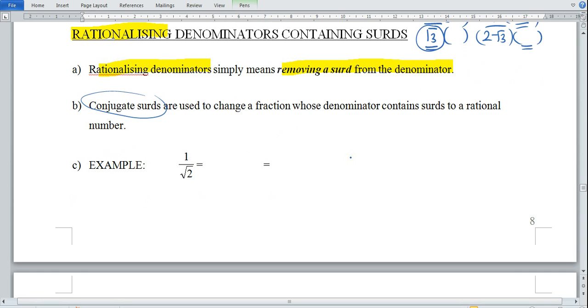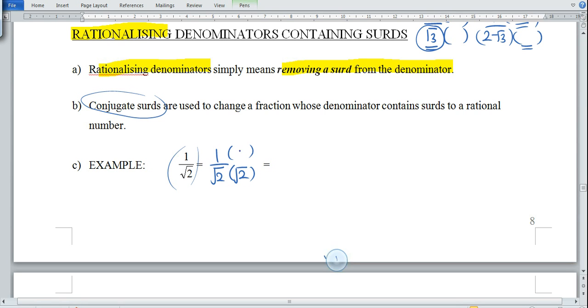Now let's look at an easy case first. Let's say I have 1 over square root 2. In order for me to not have surds at the denominator, I can multiply it with square root 2 again. So square root 2 times square root 2 will give me 2. But it is not fair to the question that I just multiply square root 2 to the denominator, because this is not the same as the start of the question.